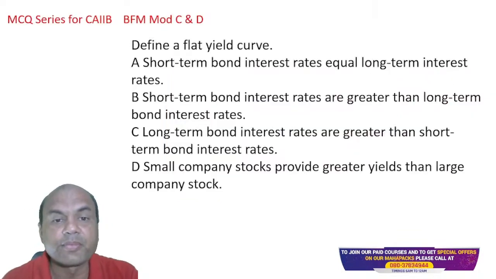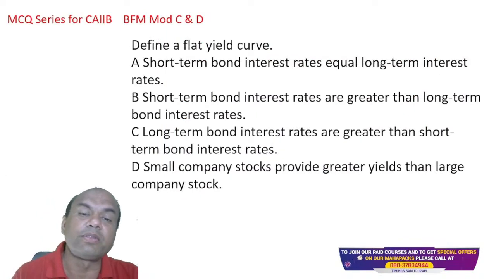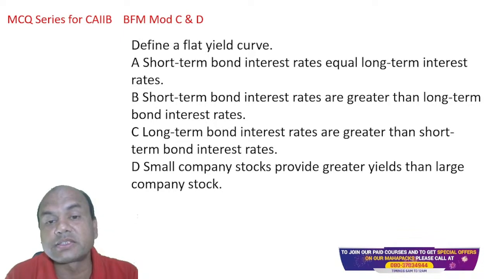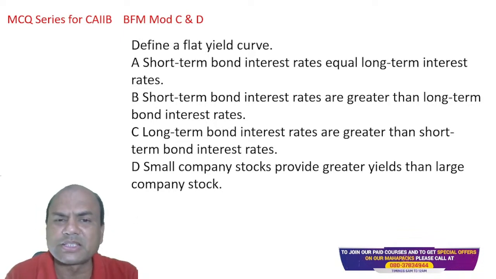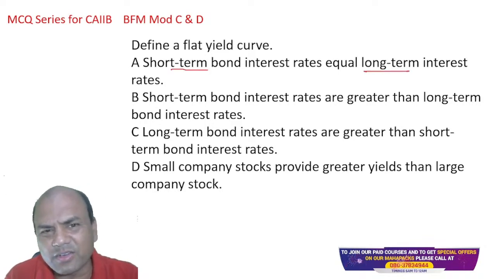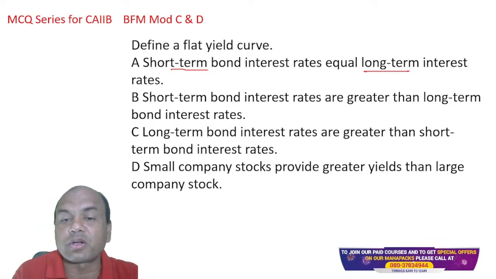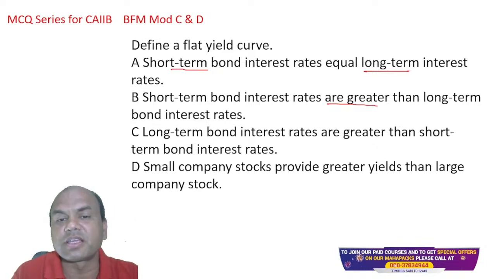Define the flat yield curve. Flat means, just now we saw that short-term bond rates are equal to long-term interest rates. So basically short-term rates equal long-term. Is that the answer? Let's see. Short-term interest rates are greater than long-term. So can you plot these curves? Let me plot them.